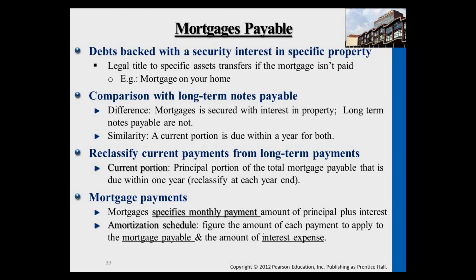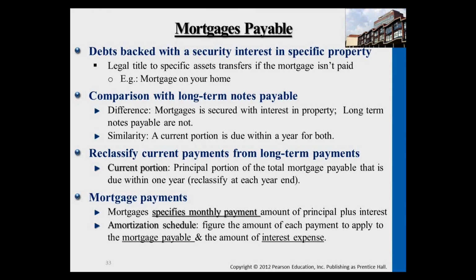Okay, so there will be a fixed payment. Every single month you're paying the same amount of mortgage. That payment includes part paying off interest and part paying off the principal amount. So mortgages, again, are backed up by assets, and usually paid off on a monthly basis, with each monthly payment including part principal and part interest.